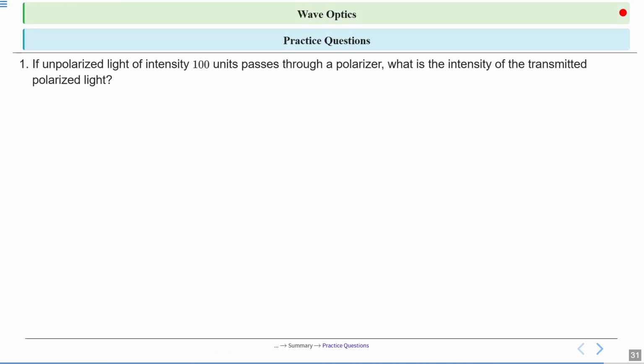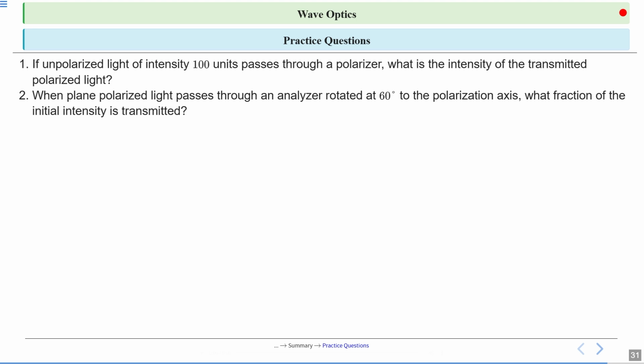Now we will solve or see some practice questions. If unpolarized light with an intensity of 100 units passes through a polarizer, what happens to its intensity? Remember, a polarizer only allows light waves aligned with its axis to pass through, reducing the intensity.